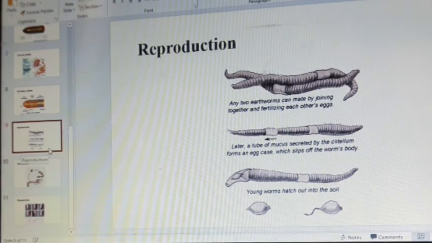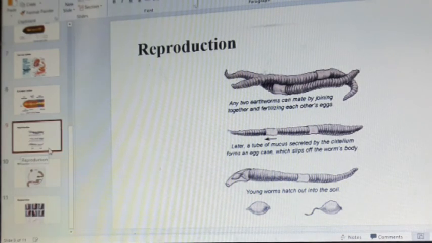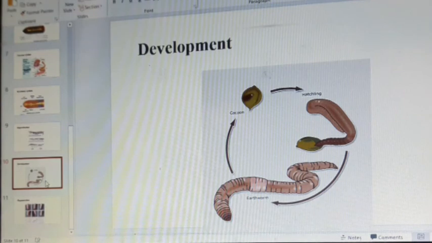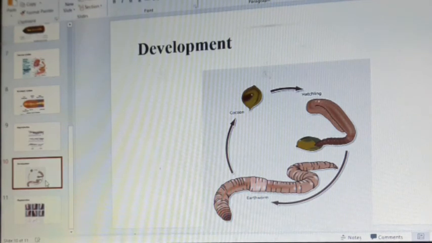Freshwater oligochaetes also reproduce asexually. Asexual reproduction involves transverse division of a worm followed by the regeneration of missing segments. Development.